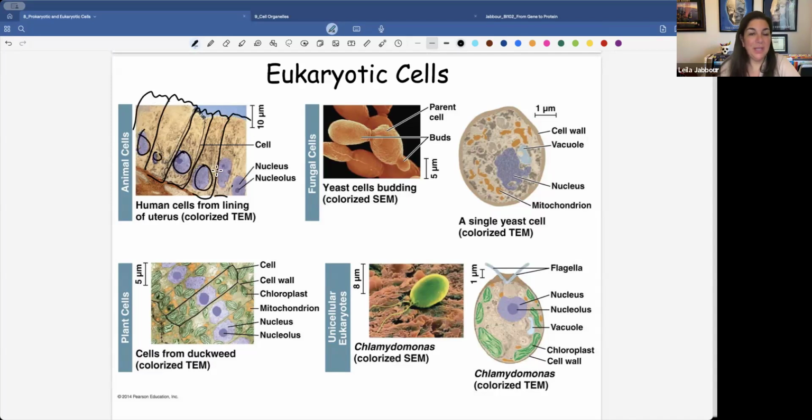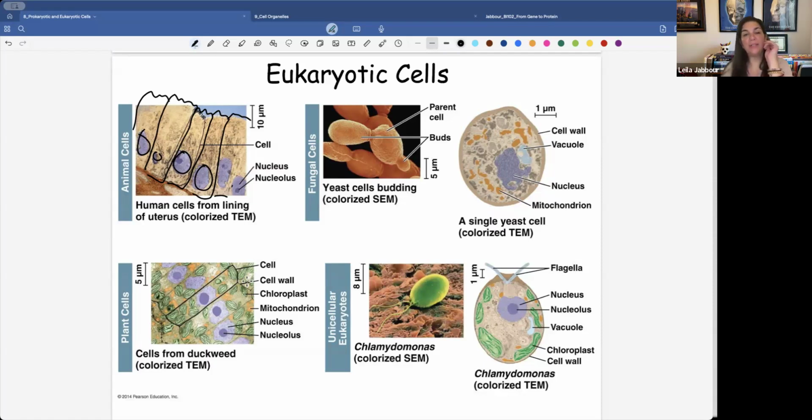Okay, but in other types of organisms, the cells are going to be rounder. This is a round cell in yeast. So they're just different types of eukaryotic cells. In fungi, there are unicellular eukaryotes, animal cells, and plant cells, which are also kind of long.